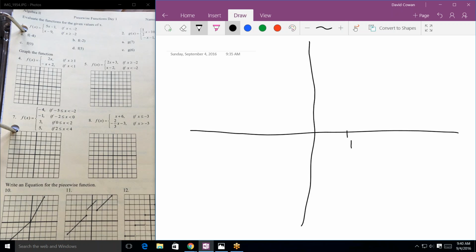Here's the way I used to do it. I would draw the function all the way to the y-axis because I know how to graph that. That's 2x. And then I would erase this part right here, and then this is a closed dot right there. Well, that's a hard way to do it and not the correct way to do it.